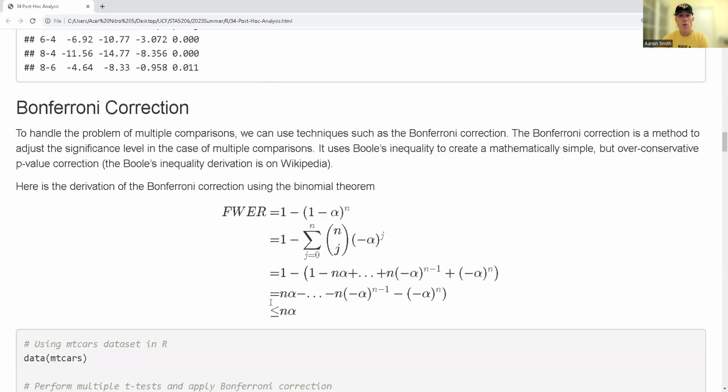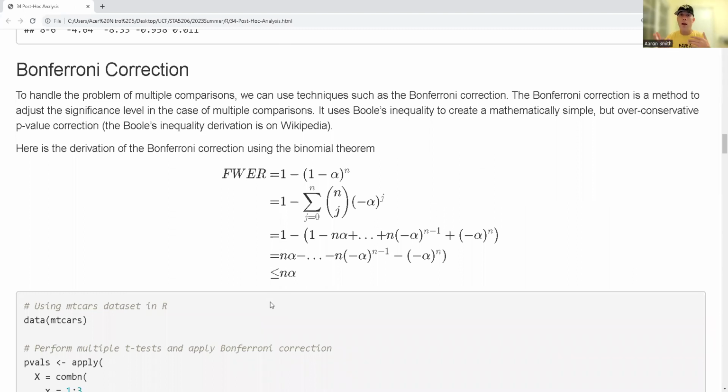Now, the Bonferroni correction is another way of making an adjustment for the individual test alpha value. The Bonferroni correction is by far the most well-known and the most common, but it is really, really conservative, to a point where it is not feasible for a larger number of tests.